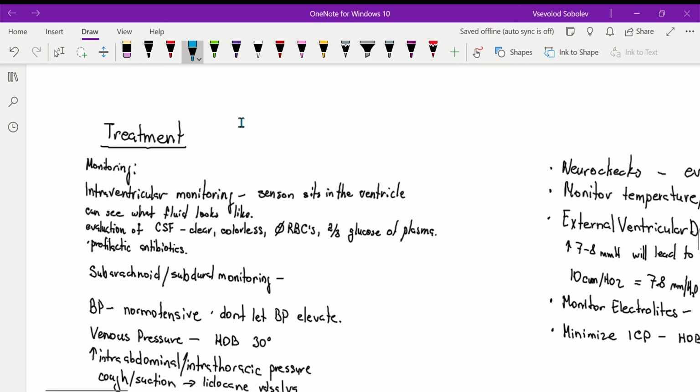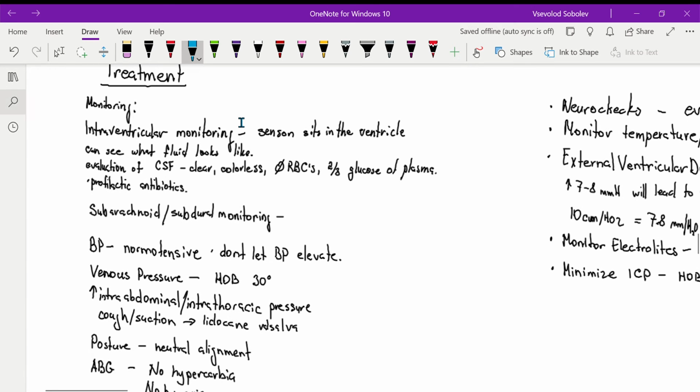So treatment, we would of course monitor them for all those things stated above, and then devices will be inserted into these patients' skulls. The extraventricular monitoring device.